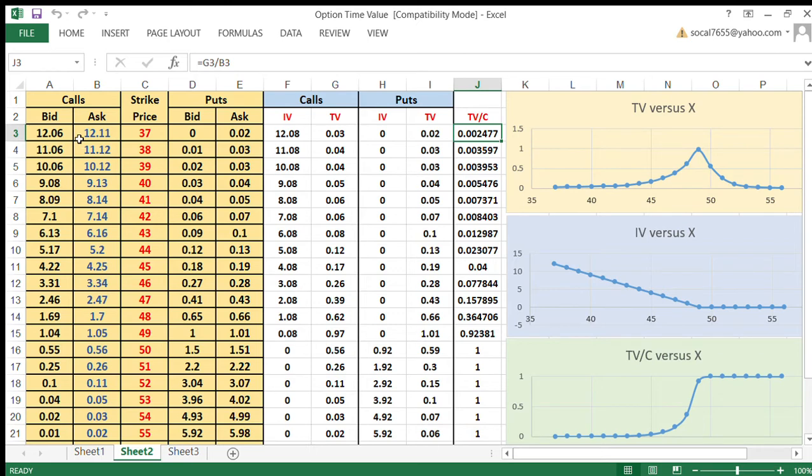For the deep in the money call, a very small portion of its value is time value.